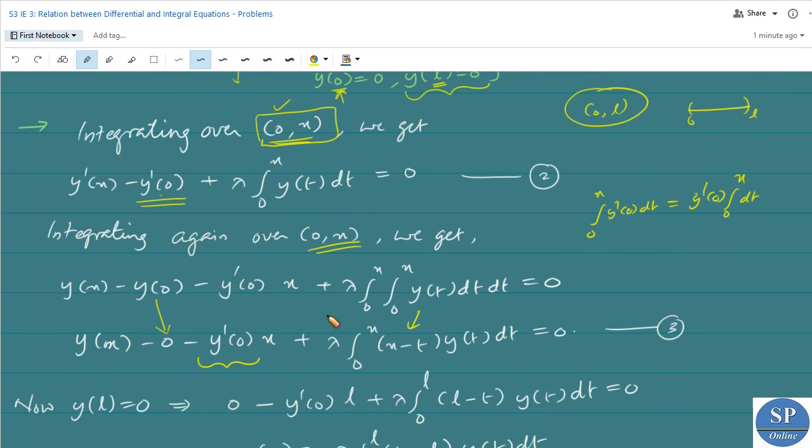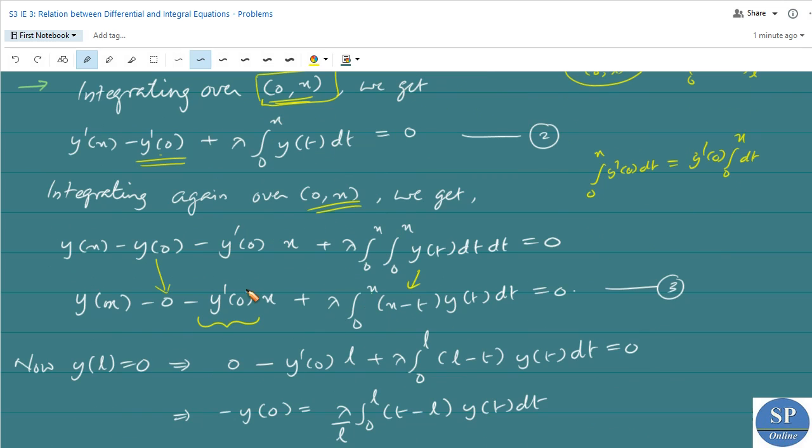So here, applying the second boundary condition, which is y of L equals 0, when x equals L we have y of L here. So 0 minus y dash of 0 into L, because when x equals L, we have y dash of 0 into L plus lambda into the integral 0 to L of (L minus t) y of t dt equals 0.